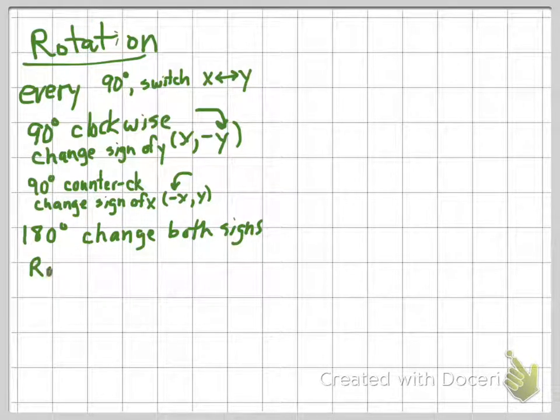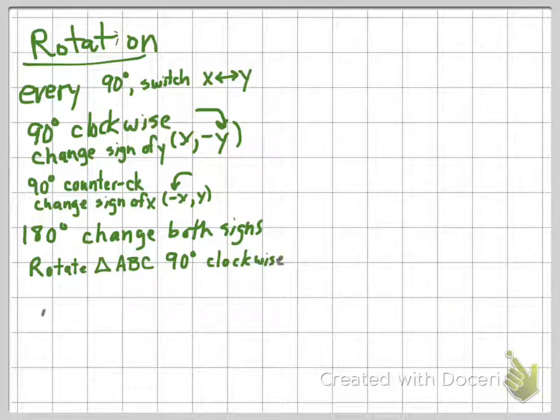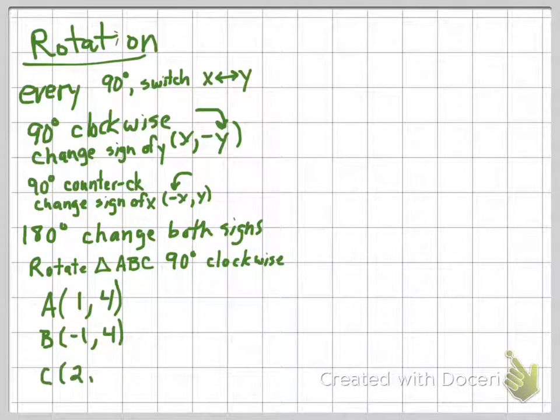So now we're going to again rotate triangle ABC. This time we're going to do it 90 degrees clockwise. So here's an A, a B, and a C. Okay, so now we're going to look at this rule.